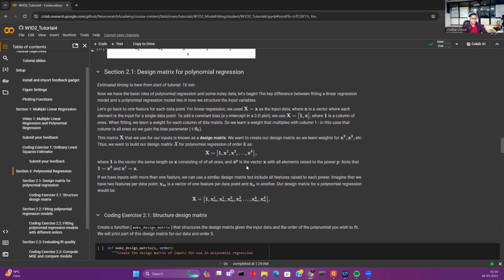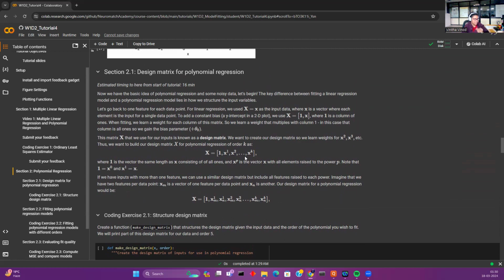So we have the basic idea of polynomial regression and some noisy data. The key difference between fitting a linear regression model and a polynomial regression model is in how we structure the input variables. We need to structure a design matrix first.